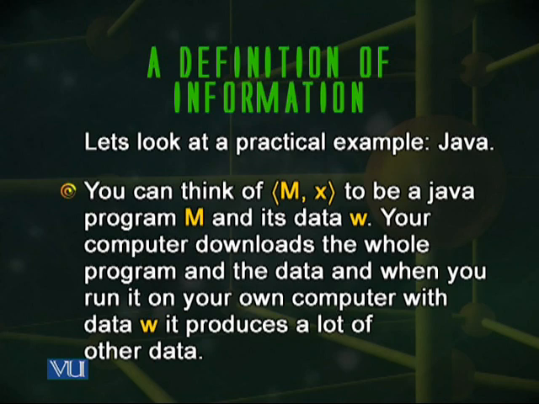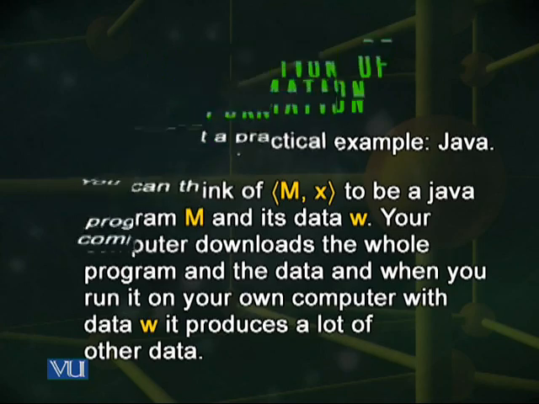And then you run that Java program and it starts producing fascinating output. What happened in this case is the output that the program started producing, the fascinating thing that you were looking at, is X. That's what the other person who made the web page wanted communicated to you.